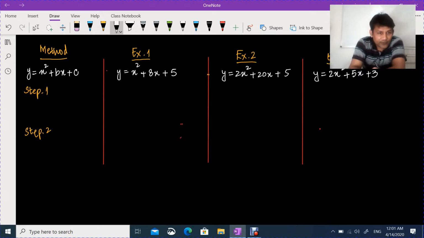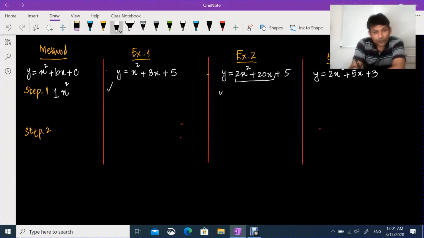Step number one is that x squared should have 1 as its coefficient. Do we have 1 here? Yes, so step number 1 is done. Here I have 2, which I have to remove, but I have to consider only these two terms.